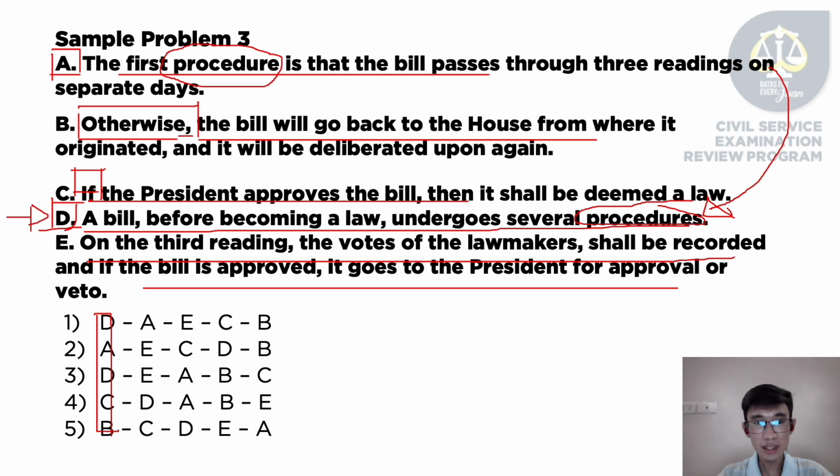Okay, what's the 3rd sentence? The candidates for a third sentence. My bad. Okay. So this is the first one. This is the second one, and this talks about, tignan nyo, it talks about 3 readings, right? And did we see this before? We saw it in letter E. Diba? It talks about the third reading.